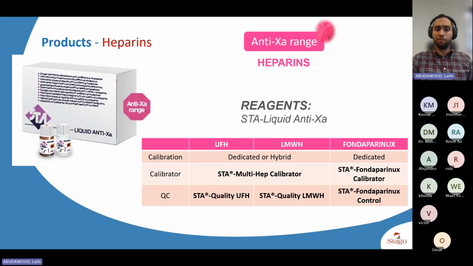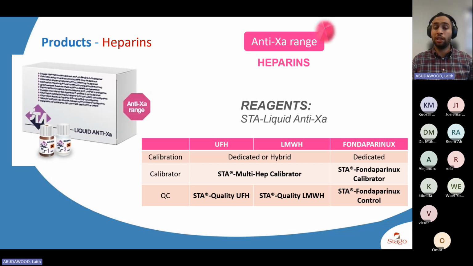Now, for the product itself, we have calibrators for unfractionated heparin, low molecular weight heparin, and fondaparinux. One important point in this regard, we can have a single calibration curve. We call it a hybrid calibration curve for unfractionated heparin and low molecular weight heparin. So I receive a sample in the lab. I want to run it. Regardless, is the patient taking unfractionated heparin or low molecular weight heparin?